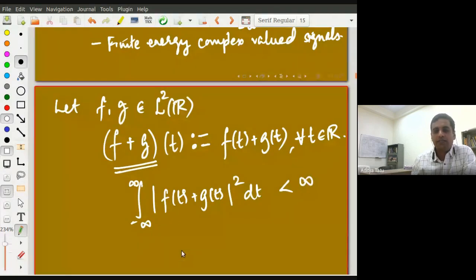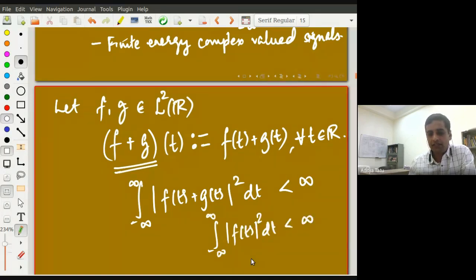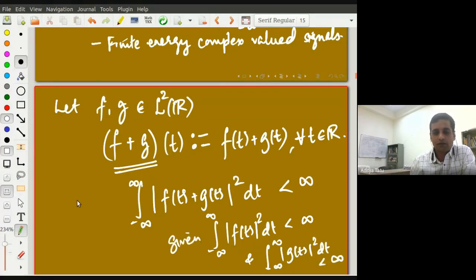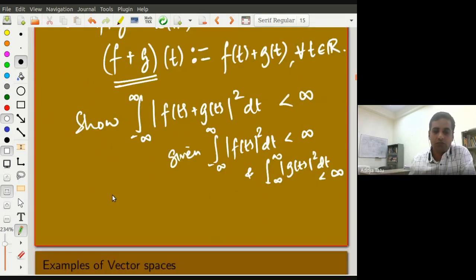The energy is also finite, given that this is finite and this is finite. So this we will assume for now. Later on, once you come across the Cauchy-Schwarz inequality, you will be able to show this yourself.